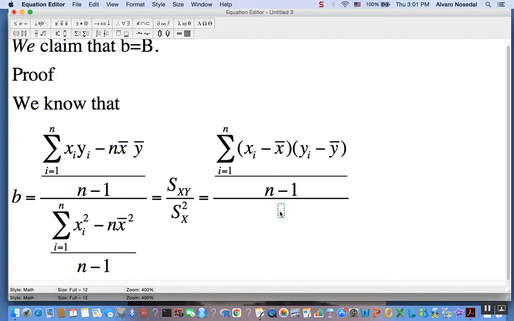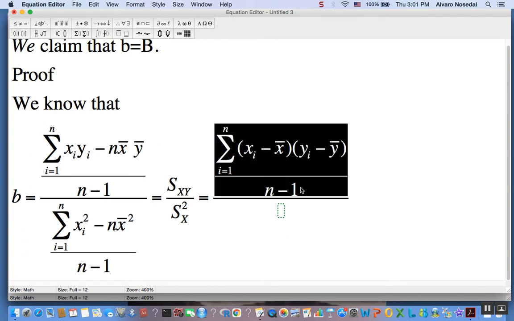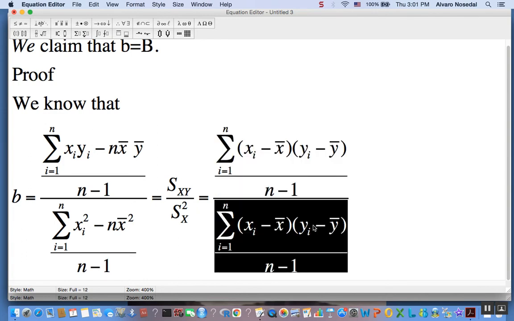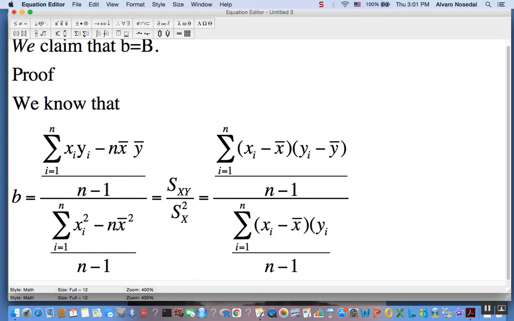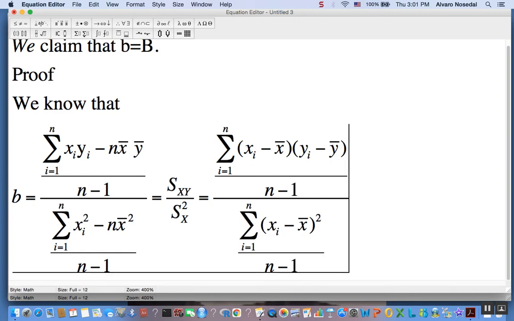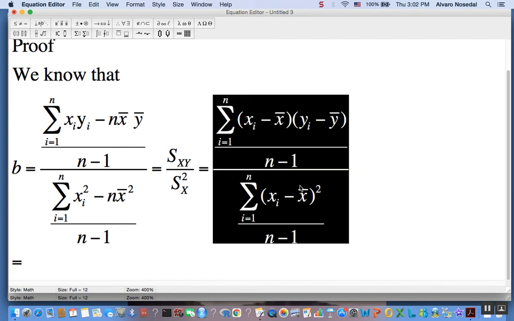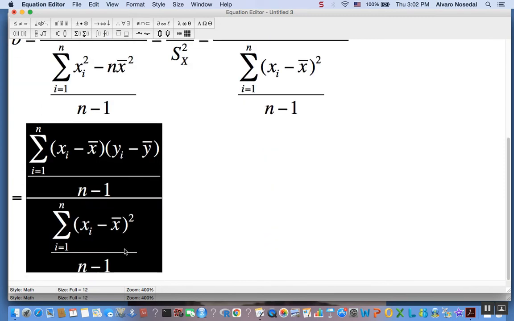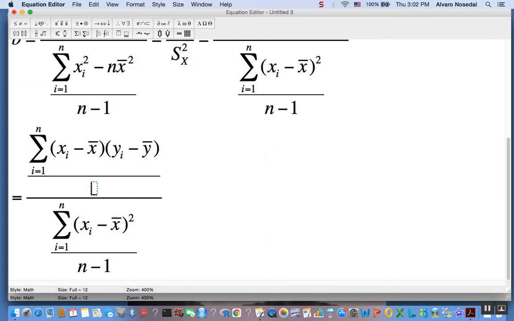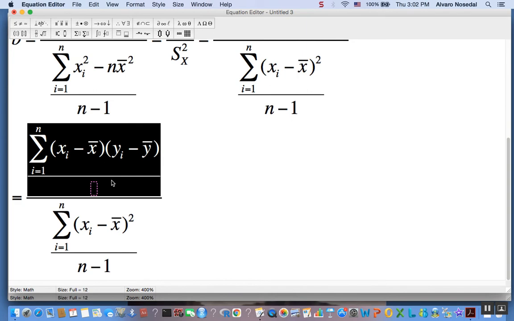And we can do something similar for the definition of the variance, right? We know that the sample variance of x is just this guy. Okay? Now those guys cancel out, the n minus 1s, those guys cancel out, right?